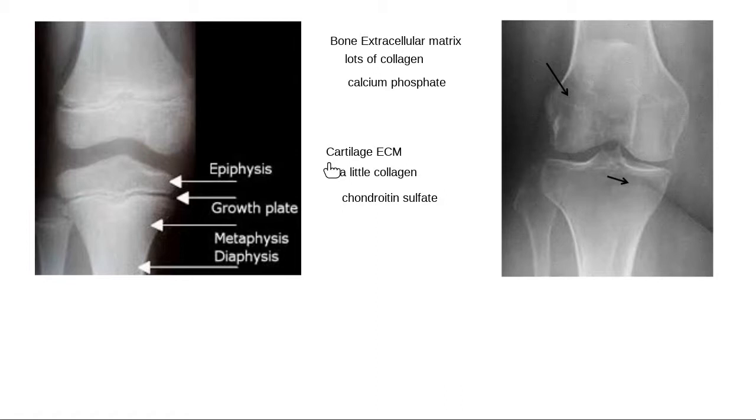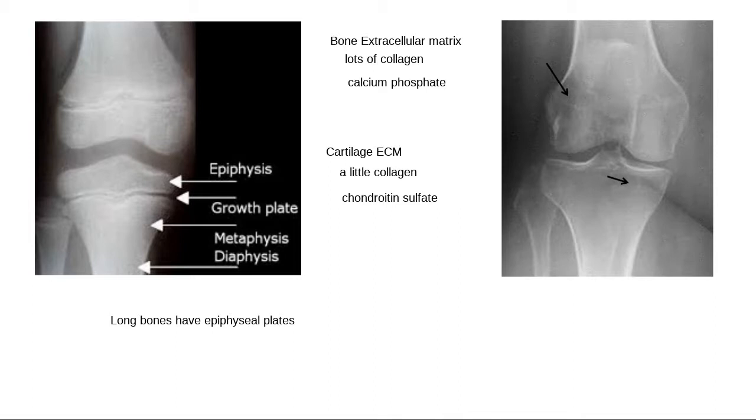So when I'm looking at an X-ray, and like I said, we're looking at the knee here, notice that I can see in all of my long bones. So remember from lab, we classified bones by their structure. All of my long bones will have growth plates. So long bones have epiphyseal plates.